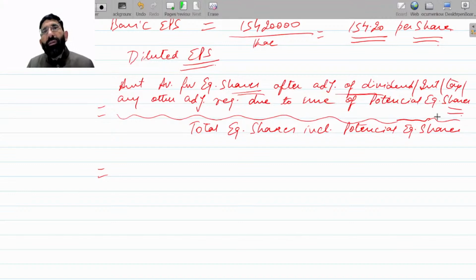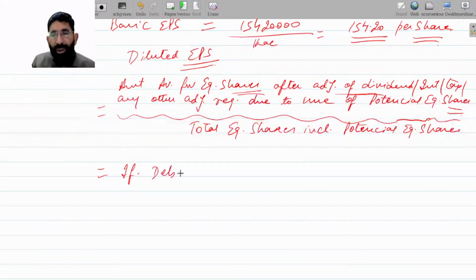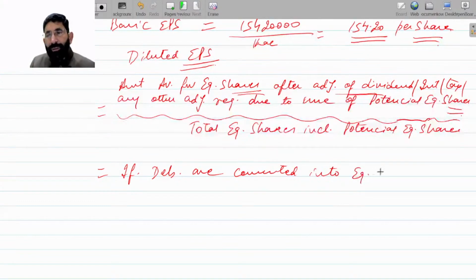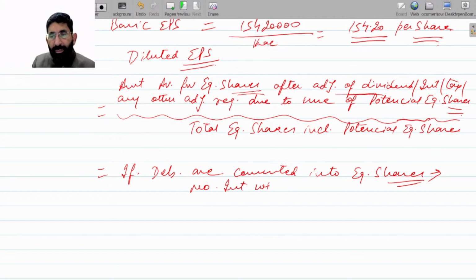That means in the given case, if debentures are converted into equity shares, then obviously no interest will be paid. So how much will be the amount available for equity shareholders?